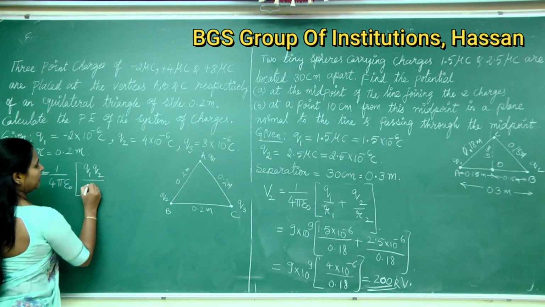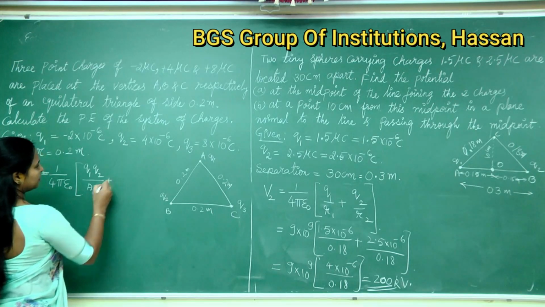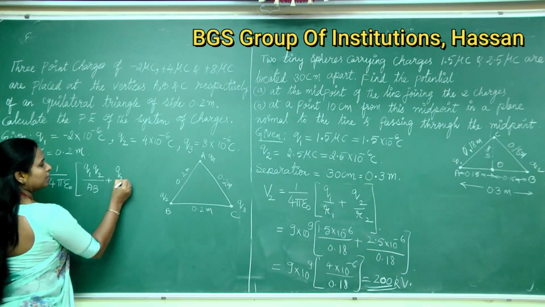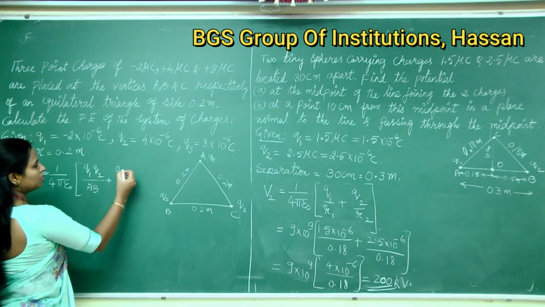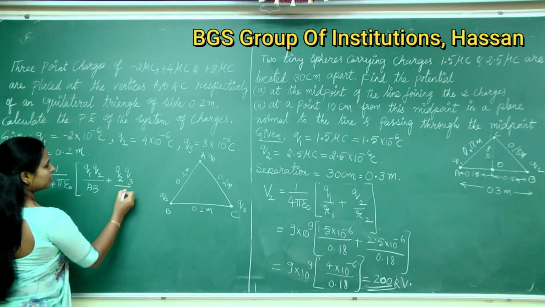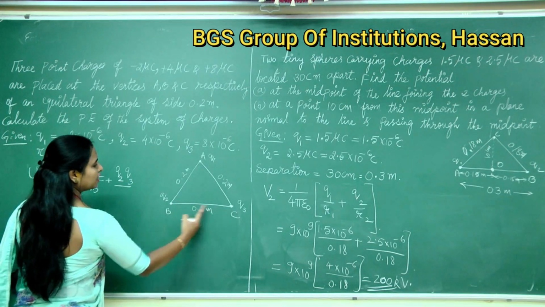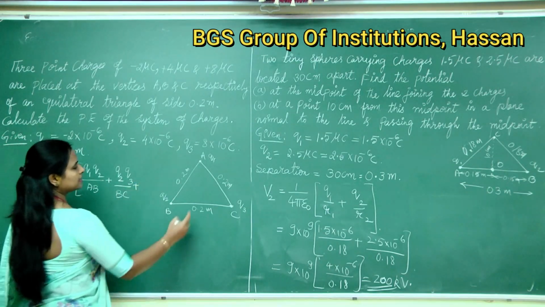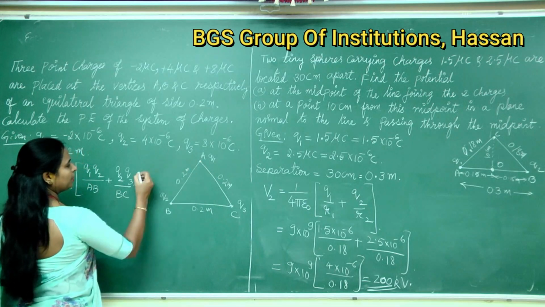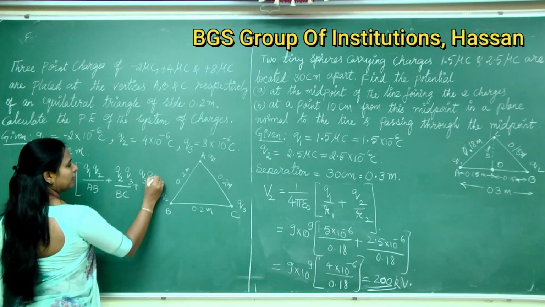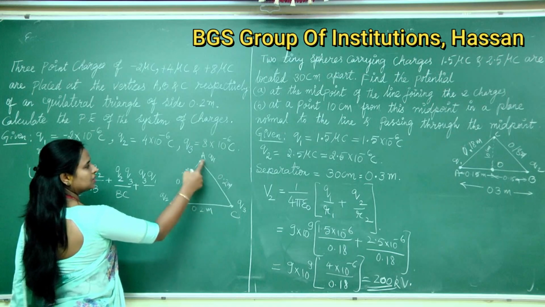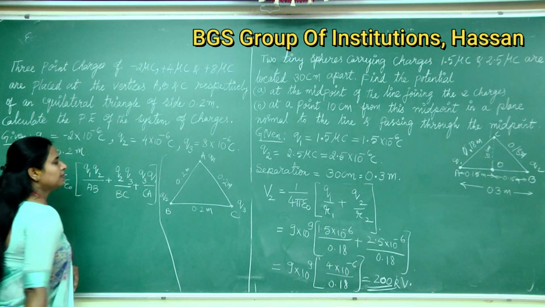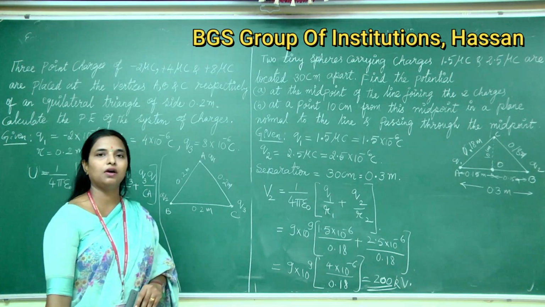It is AB. Plus cyclic order. What comes after 1? It is 2. So it is Q2. What after 2? It is 3. Q2 Q3 divided by, what is the distance? It is BC. Plus what is left now? Q3 Q1. Q3 Q1 divided by, what is the distance? CA. Isn't it? So this is how we have to remember the formula.